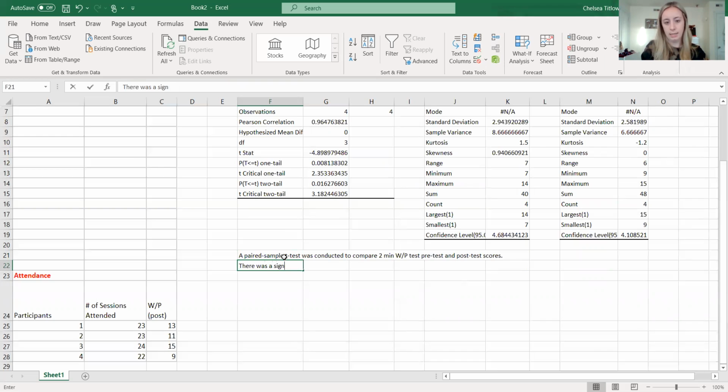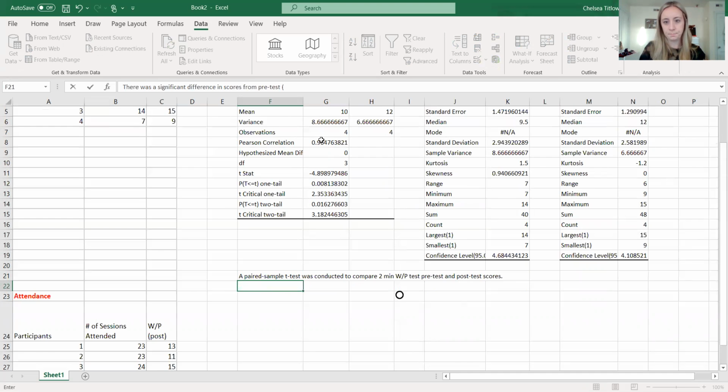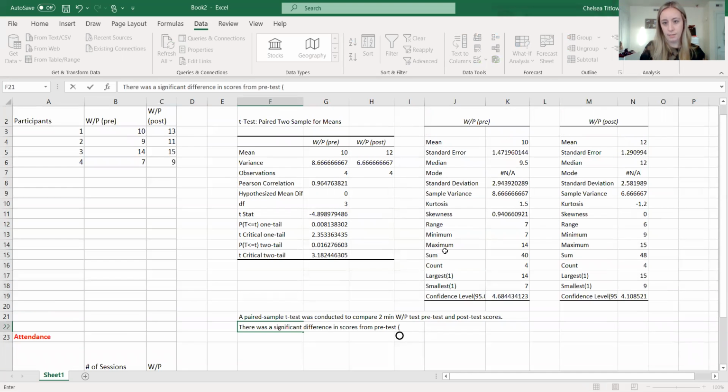There was a significant difference in scores from pre-test, where the mean equals 10, and the standard deviation, which is right here, equals 2.94, and post-test, where the mean equals 12, and the standard deviation equals 2.58.